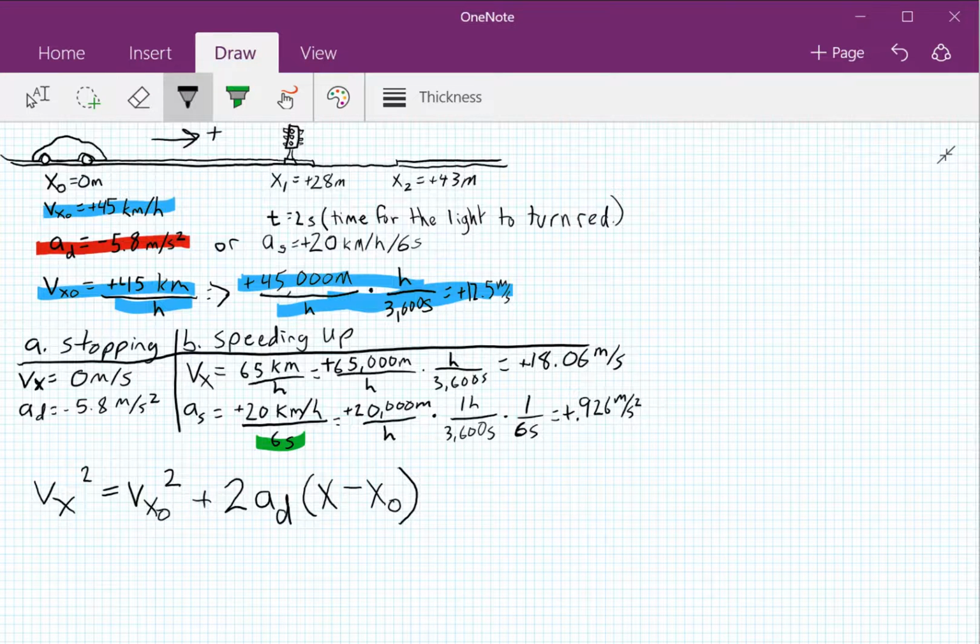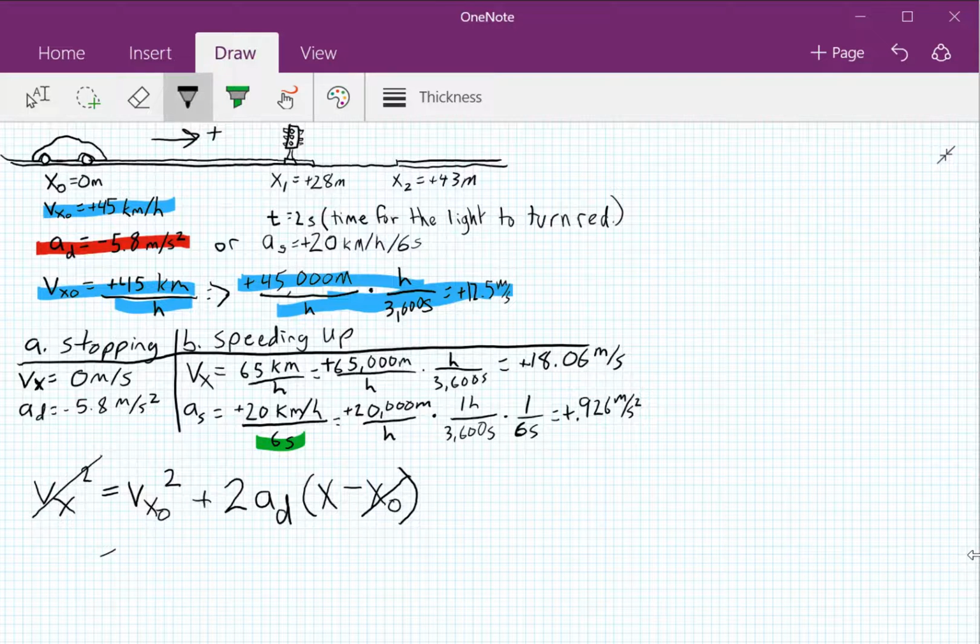To make it a little bit easier for you, we can identify which ones are 0. So we could also just say, okay, this is 0, so I don't need that. And v final is 0. So when we subtract, let me show you, we're going to subtract this over.